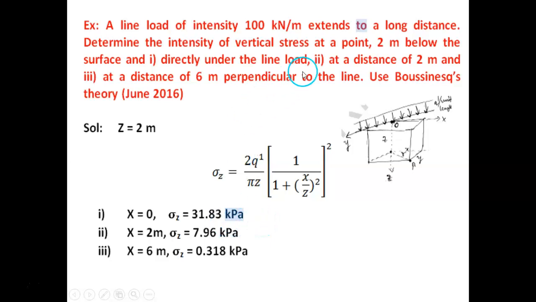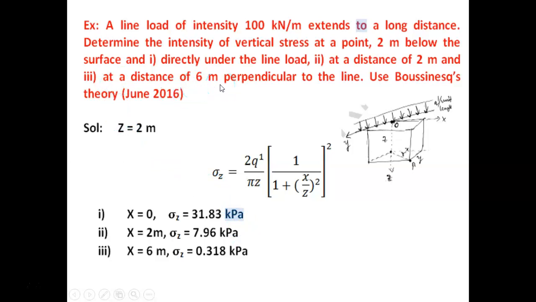In the second case, we have to find the increase in stress at a distance of 2 meter. Means X value is given as 2 meter. So when you take X equal to 2 meter, we will get the increase in stress as 7.96 kilonewton per meter square. And in the third case, it is asked to find the increase in stress at a distance of 6 meter.